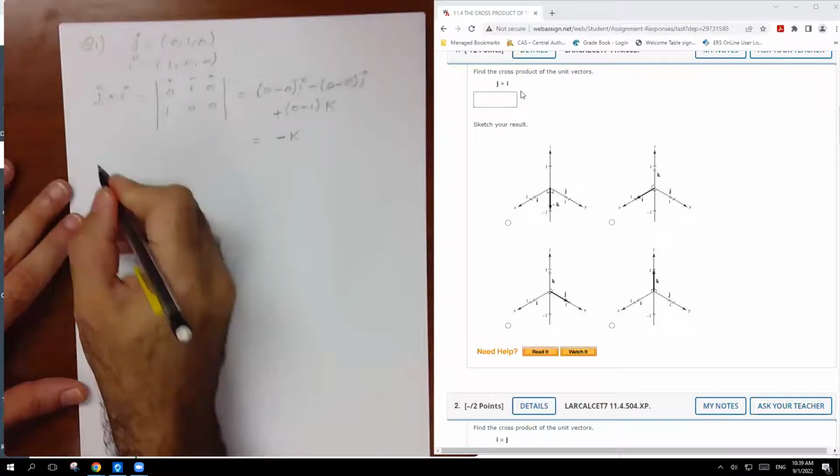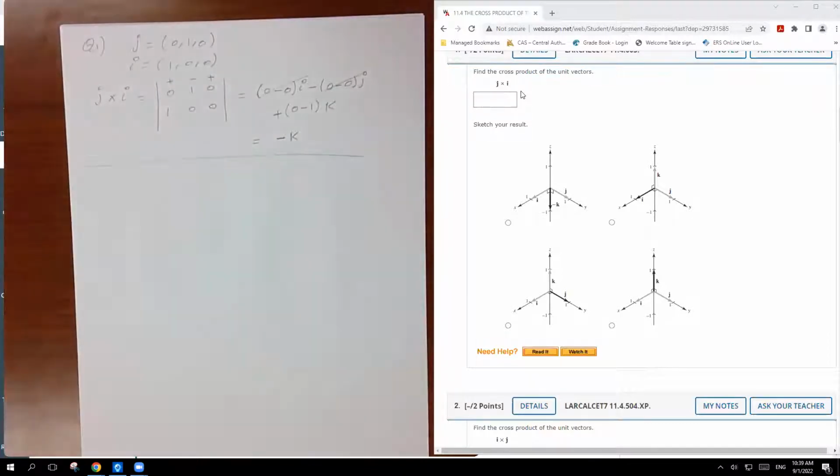That means when you sketch it, check here. It's a negative K. Look here, we have I, and here is J, and K here, K with the Z coordinate. But negative K is going to be with the negative Z. Check this graph, I, J, K. They're telling you this is the right answer, positive K the right answer, J is the right answer.